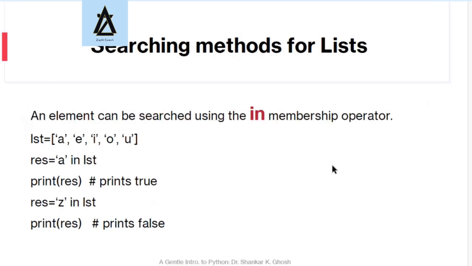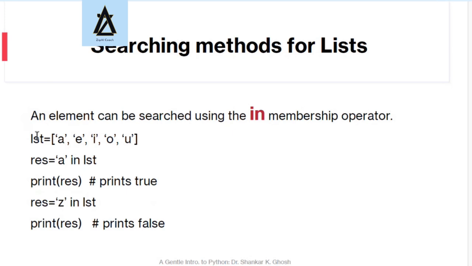There is another operator, which is the membership operator. You define one list and then you use the in operator. This membership operator tells you whether a particular element is present inside a list or not.